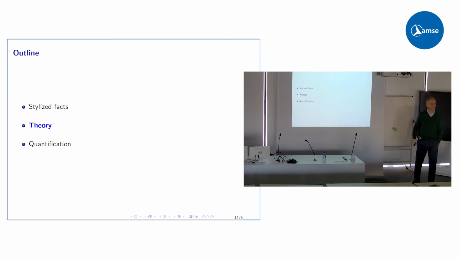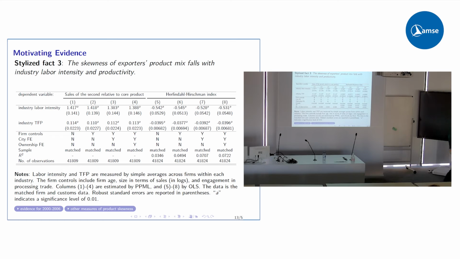Yes? Could you tell me exactly what the index refers to? Yes. Sorry, I didn't get into the details. So how do we measure the concentration of the product mix? You have this distribution of sales across products, so you could take any moment within the firm.